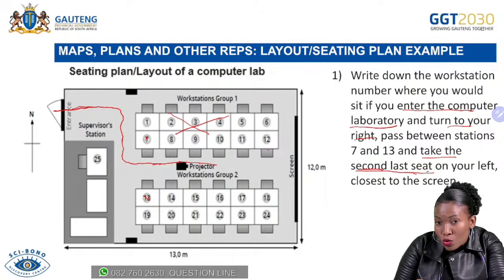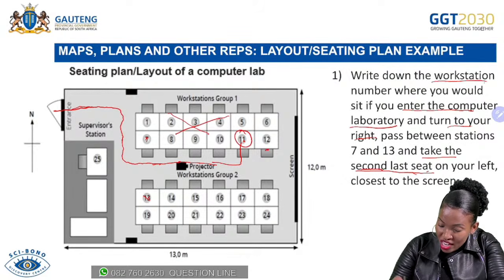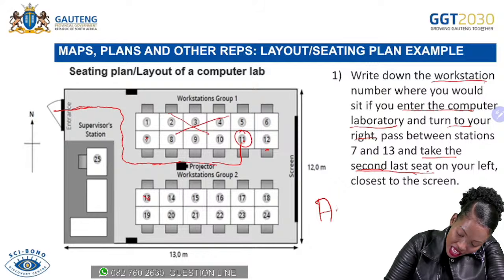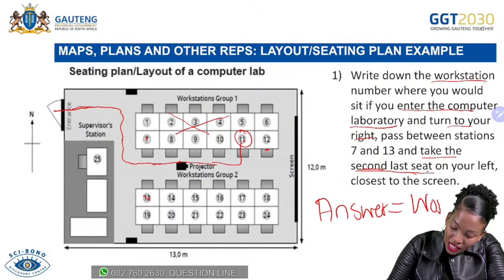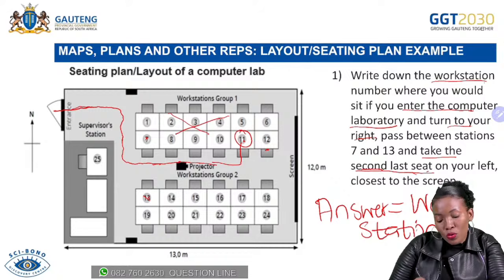The last seat is 12, but the second last seat is what? It is seat number 11. Take the second last seat on your left, closest to the screen. So write down the workstation number. So the correct answer here is workstation 11. That is where you are going to sit.